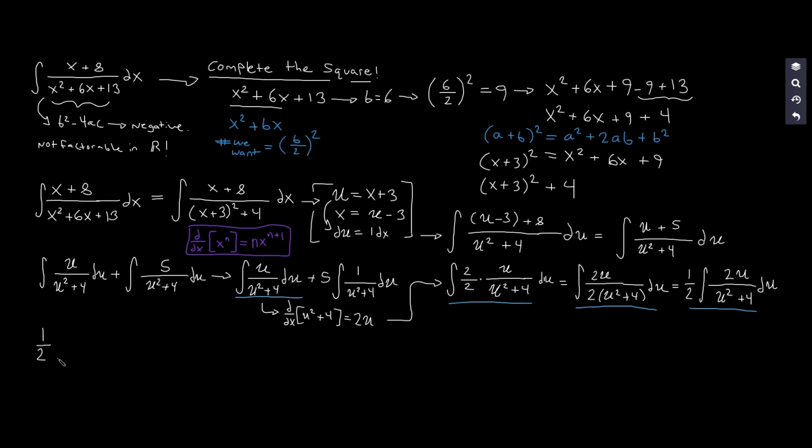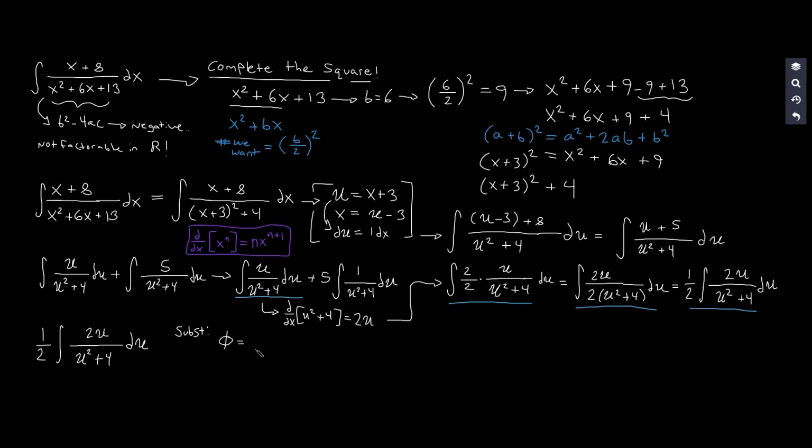So, this is going to be 1/2 times the integral of 2u in the numerator, and u squared plus 4, integration with respect to u. What should we use, guys? What's a variable we should use? Phi.